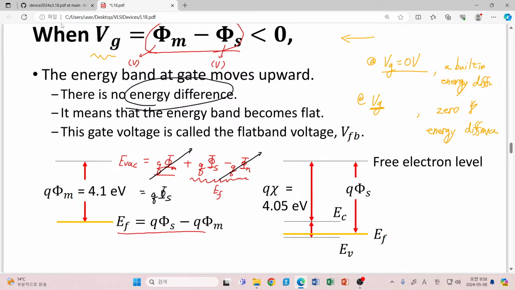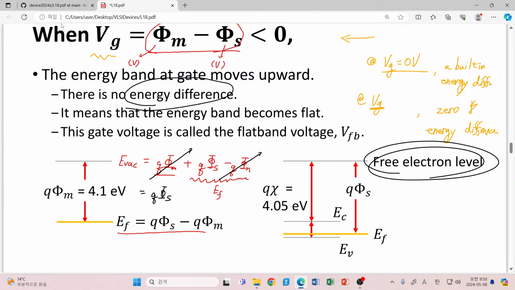Actually the only thing flat is, yes, this vacuum level becomes just flat, a single line. Of course, internally, the conduction band of silicon, the conduction band of silicon dioxide, and the valence bands can show certain kinds of discontinuity, but that doesn't matter. Now we have a really flat band in the vacuum level.